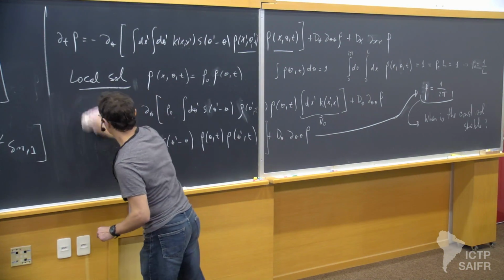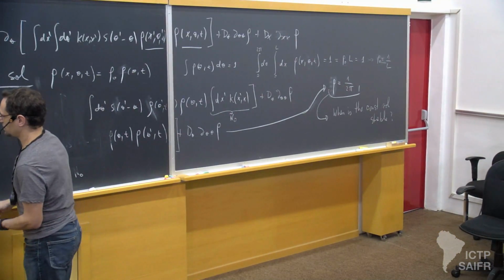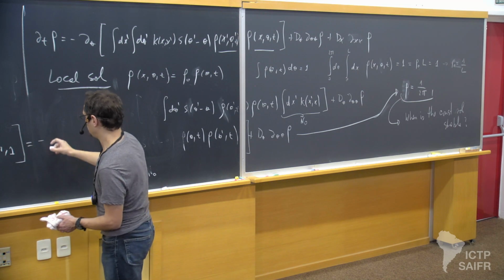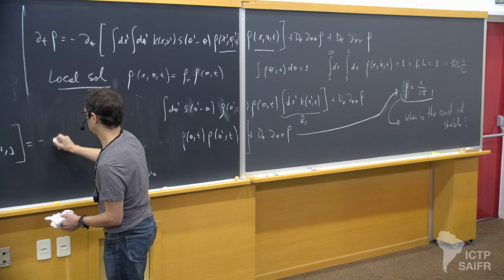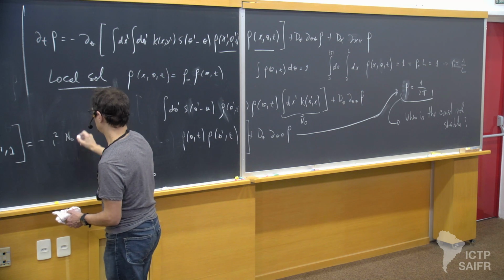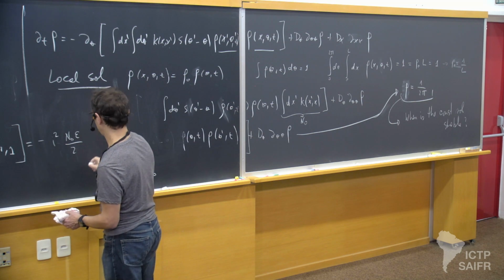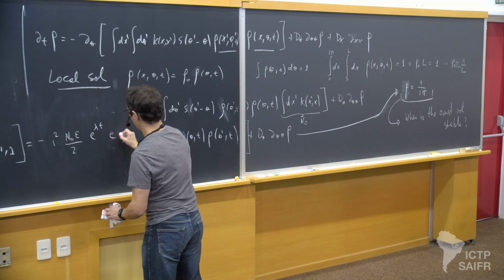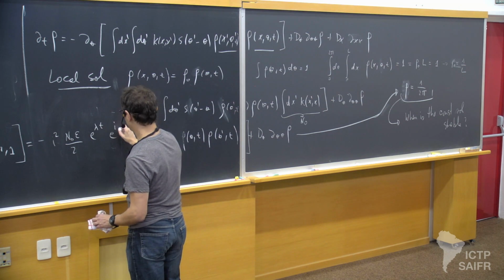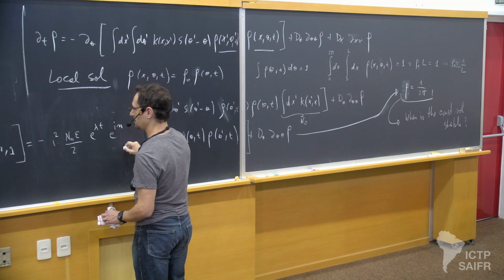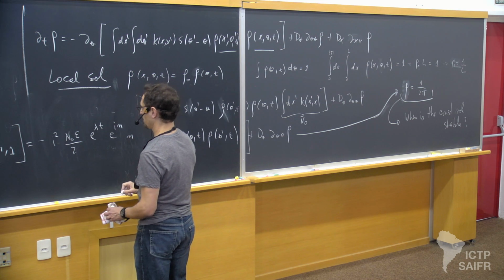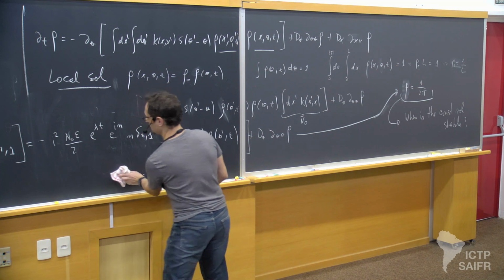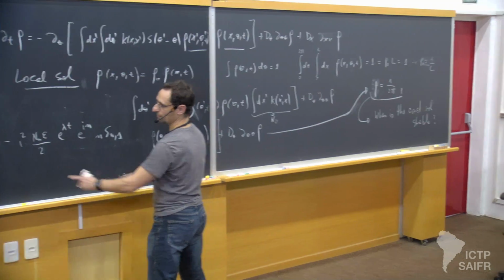So just carrying out the calculation, this is going to be minus i squared epsilon 2 e lambda t and an n and then 1, and that's it from this term in here.